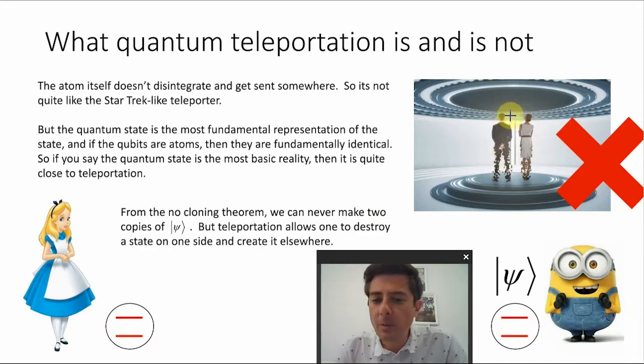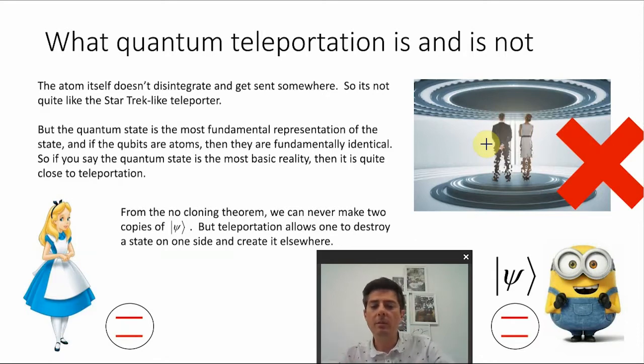In this way, that part of it is very much like teleportation, because when the guy steps into the teleporter, you don't get two copies of the people in the spaceship. One of them disintegrates and then another one materializes. So that process of one being destroyed and the other one being created is very much like teleportation.